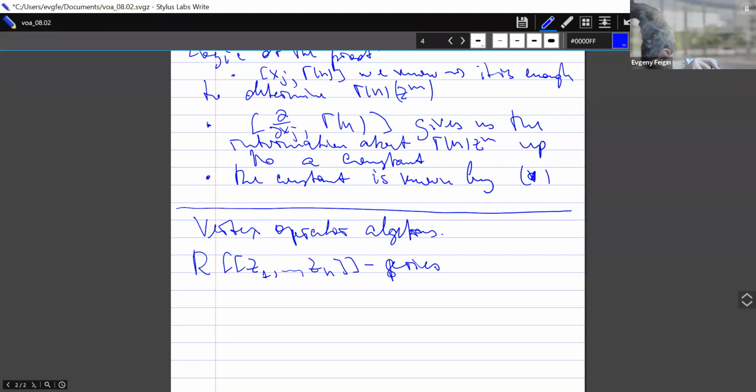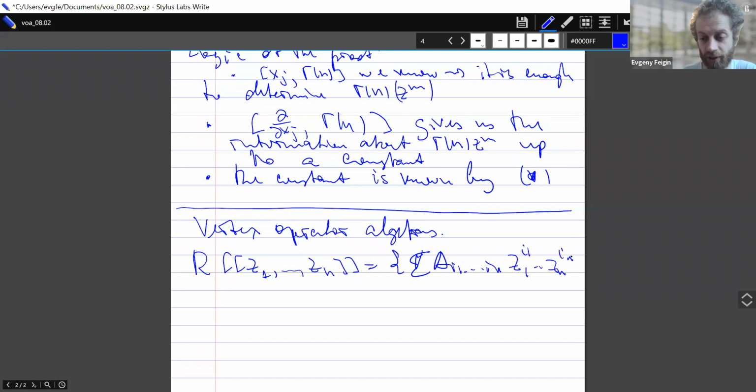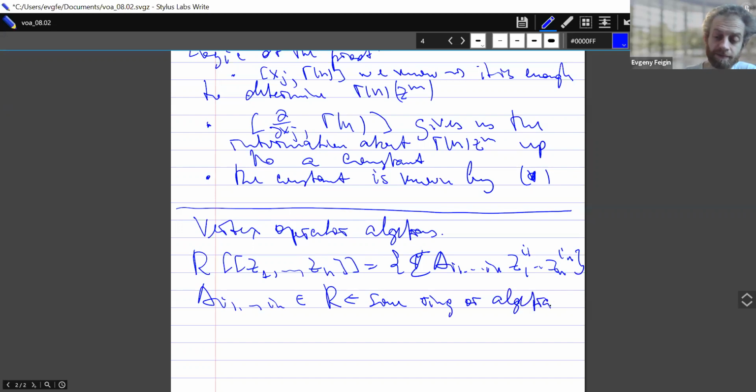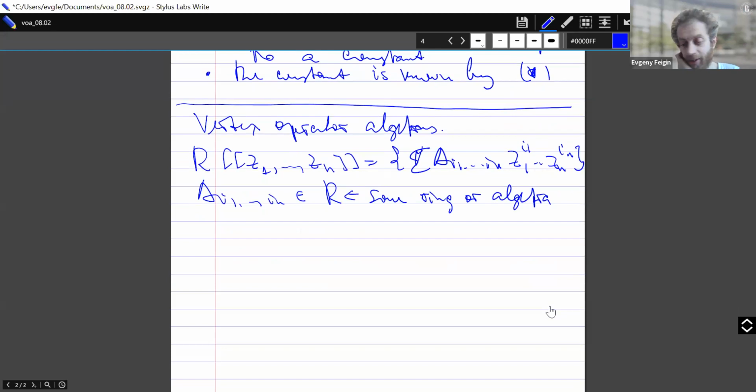Let me write explicitly the sum of A_{i1...iN} times Z1 to the i1 up to Zn to the iN, where A_{i1...iN} are elements in the ring R, so ring or algebra. Like this. And let me be more precise.